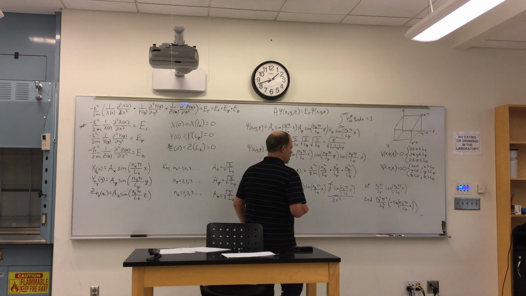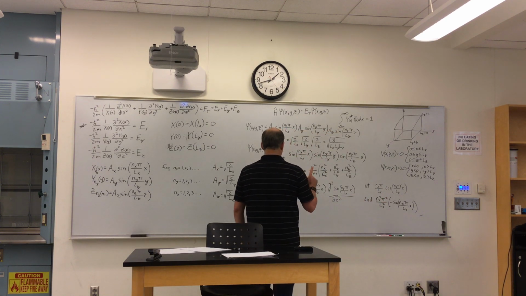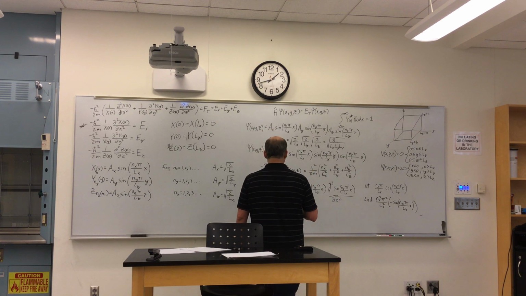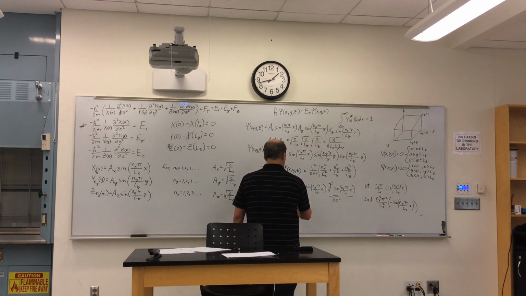Oh, okay, yeah. So what I'd be left with, and this is for the derivative in the x direction, doing just one of them, would be the negative root 8 over Lx Ly Lz. And then I'm going to take this constant, move it out front, nx squared pi squared over Lx squared.